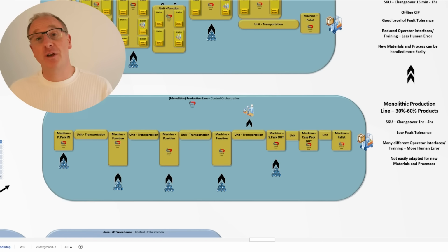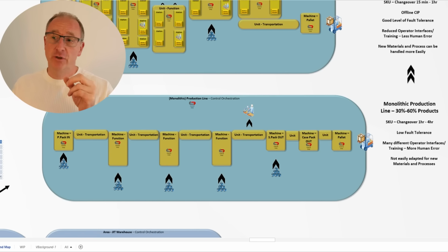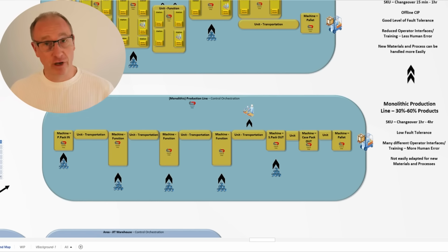As I said in my last episode, if you run the calculations on not being able to run all your products on all lines, the maths is pretty overwhelming. The business case for running all your products on all lines in a cellular way is actually quite overwhelming.